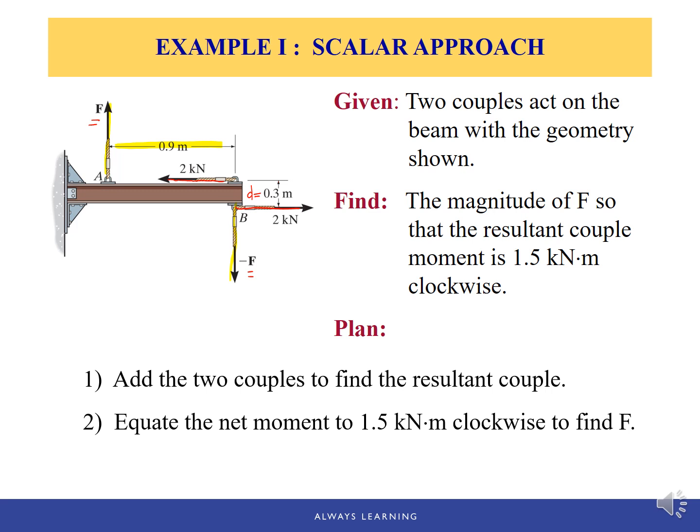We already know the resultant couple moment is 1.5. So we can find the couple moment from each couple and add them together, equal to 1.5. Then find the force F. Also remember, clockwise direction is important in the calculation of moment.